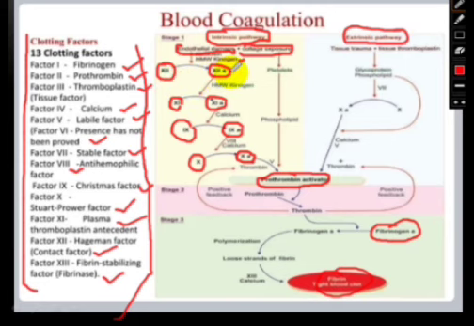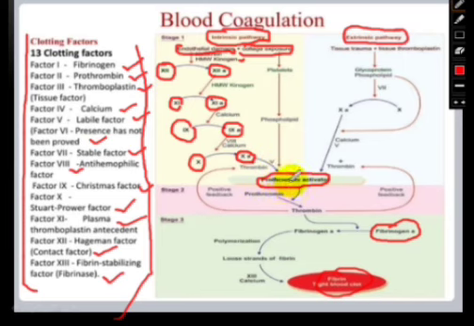Inactive factor 12 becomes activated to active factor 12. The active factor 12 converts inactive factor 11 to active factor 11. Active factor 11 converts inactive factor 9 to active factor 9. Active factor 9 converts inactive factor 10 to active factor 10.